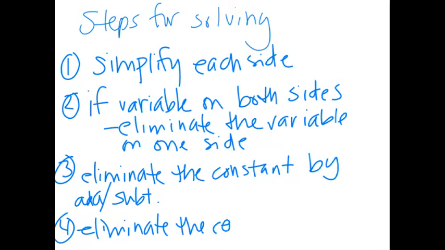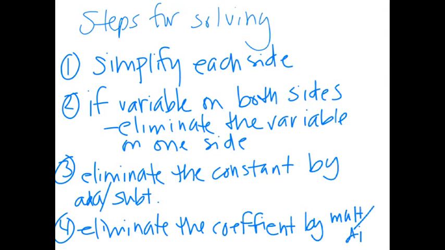And the coefficient is the number that's multiplied by the variable. Okay. And we'll see in our examples how that works. So get all that copied just to be sure you have a checklist to run through.